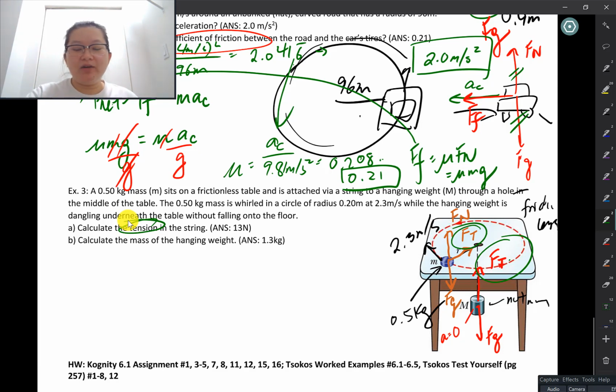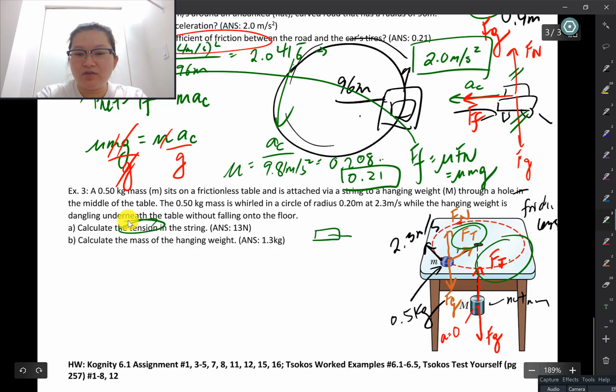But we might know something about the small mass. If I draw a diagram of the small mass, imagine I'm drawing a view of it from the side. So this small mass would look like this, and the string is tied to the middle, and then it goes through the hole.